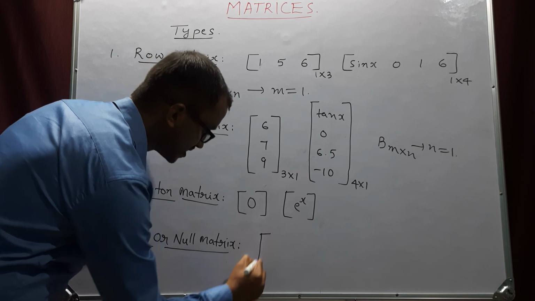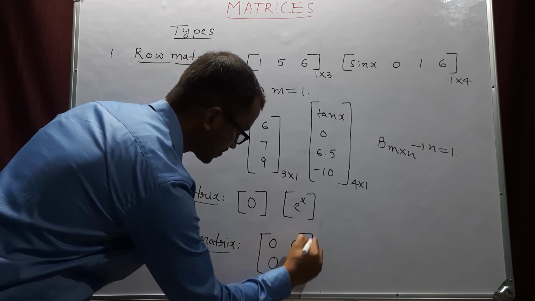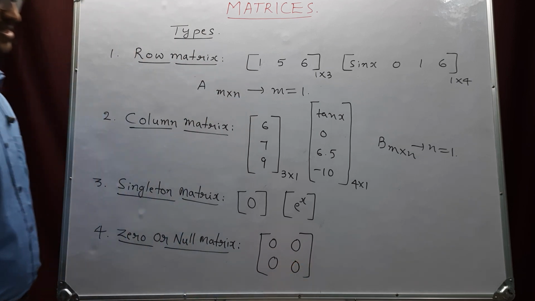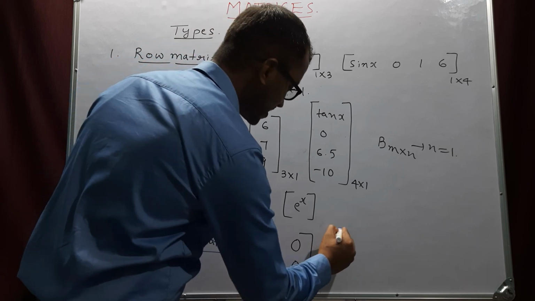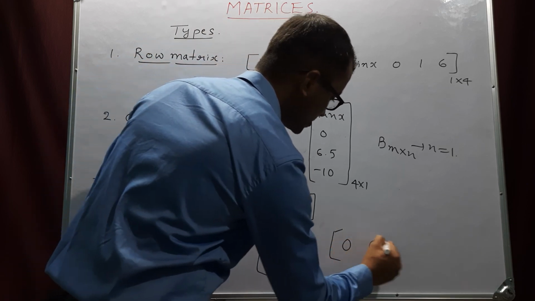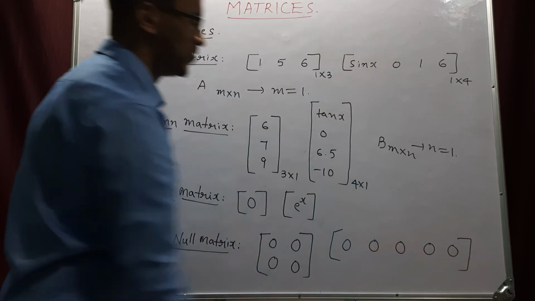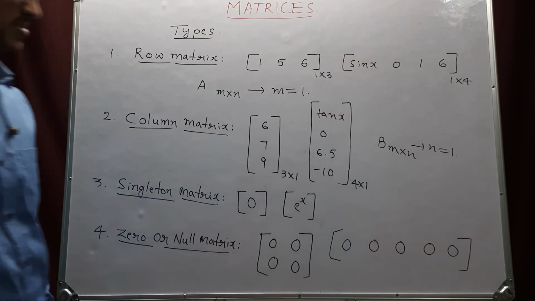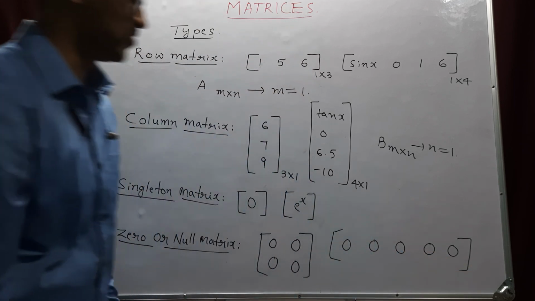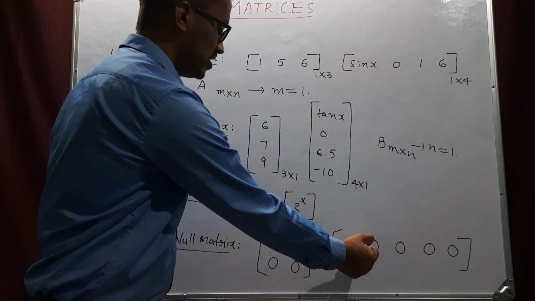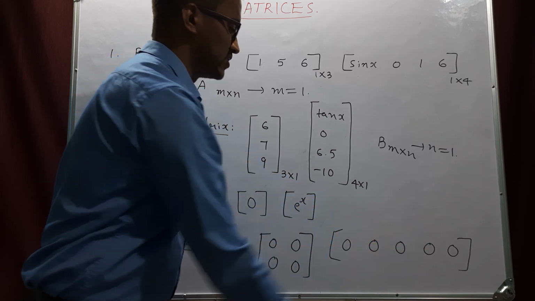Examples are 0, 0, 0, 0. This is the zero matrix of order 2 by 2. We can consider 0, 0, 0, 0, 0. This is also an example of a zero matrix, of order 1 by 5. Or we can say it is also a row matrix, a row matrix as well as a zero matrix.